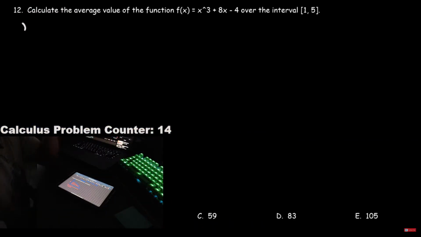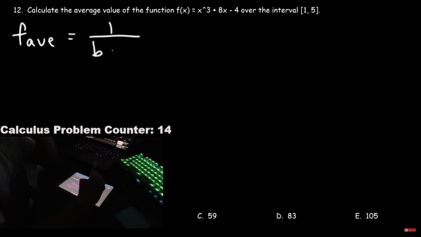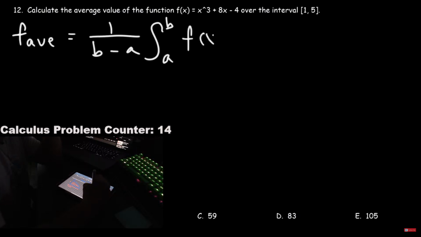So here's the formula that we need. The average function value, or the average y value, is going to be 1 divided by the width of the interval times the area under the curve in that interval, which is the definite integral from a to b of f of x dx.